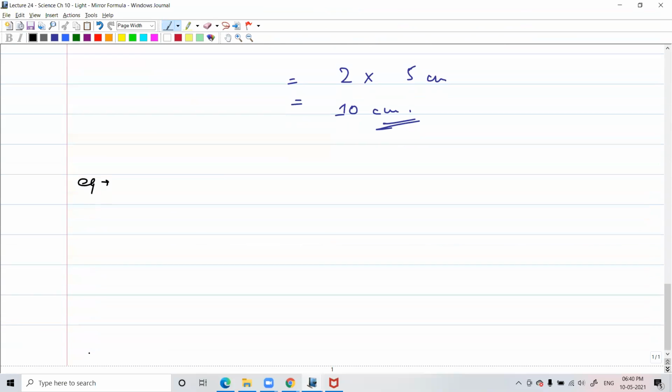Fine. So let's take up another example. This time I'm saying that the object is 6 centimeter tall and the image is only 2 centimeter. So can you find the magnification this time?